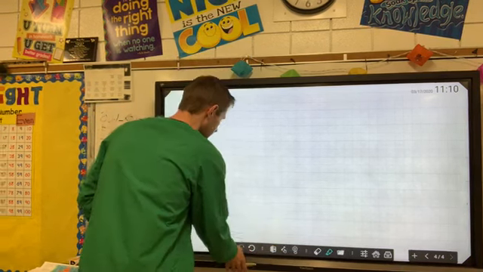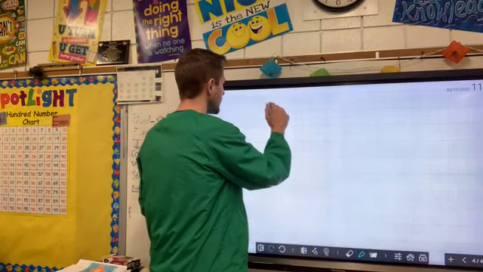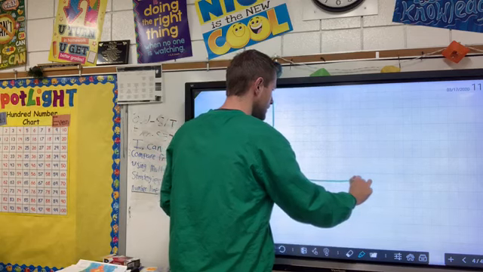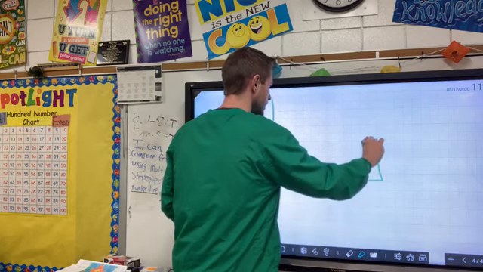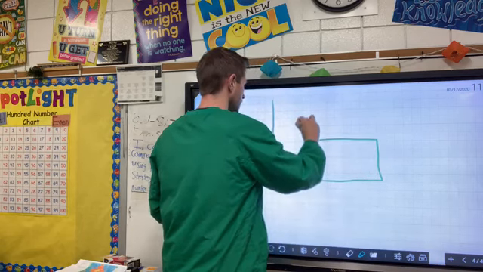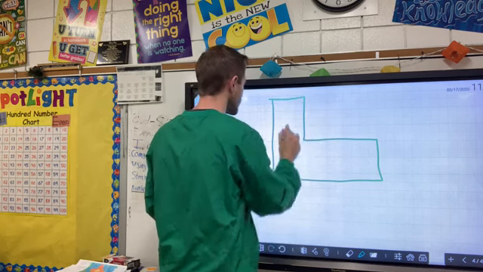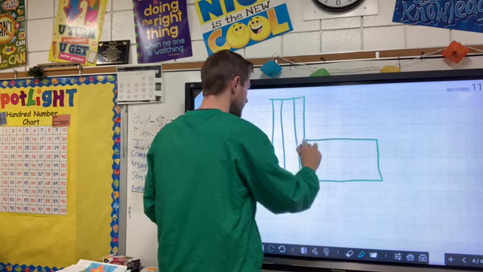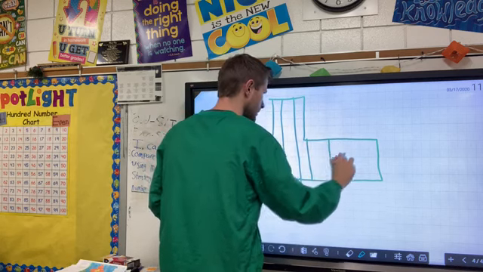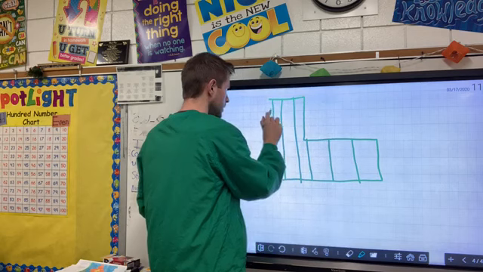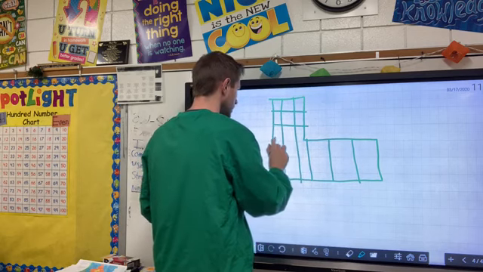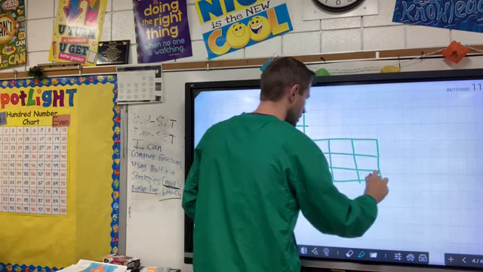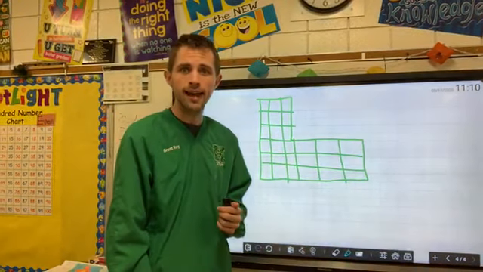We had these crazy looking shapes, and these shapes had tiles in them, like so.